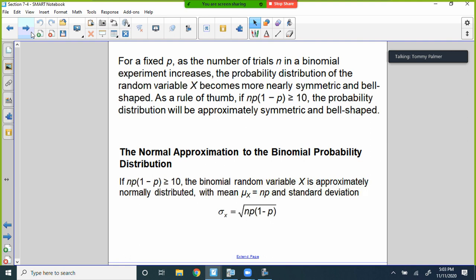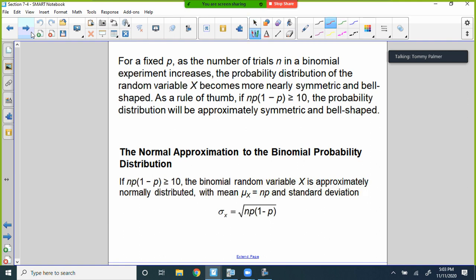And as a rule of thumb, if N times P times 1 minus P is greater than or equal to 10, then you can do a normal approximation on the binomial probability, okay?